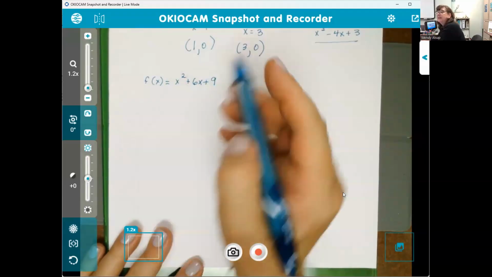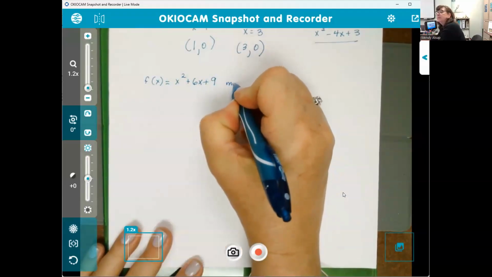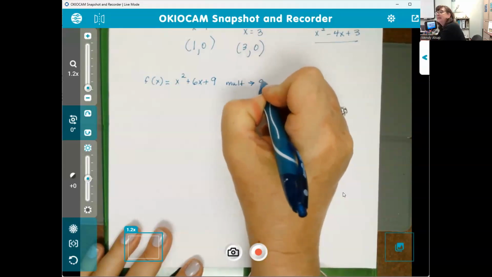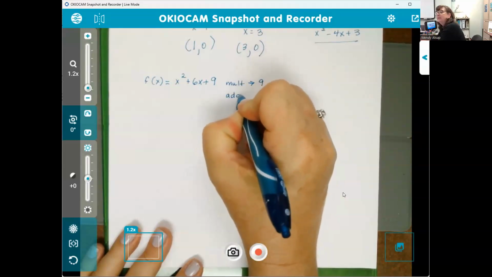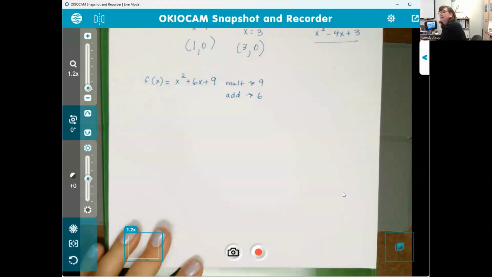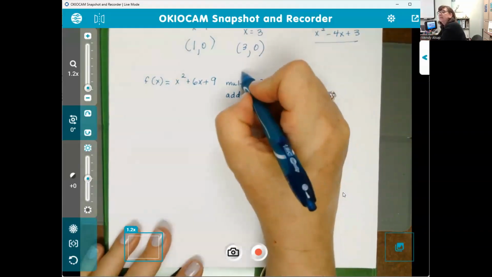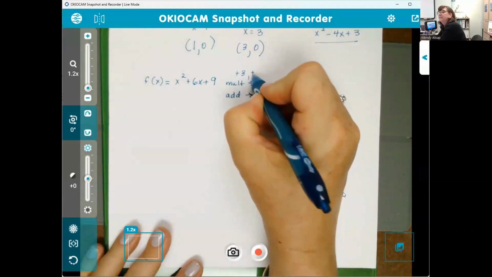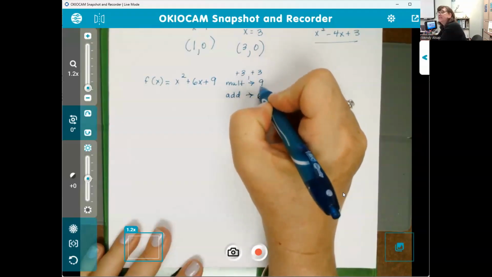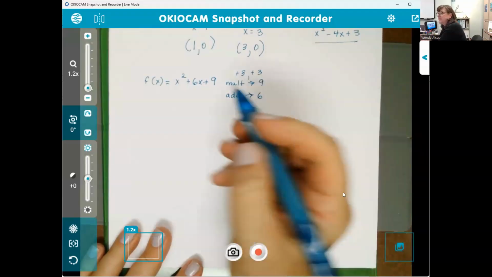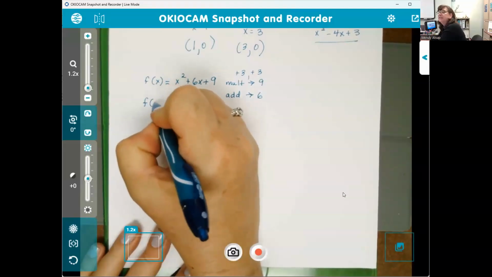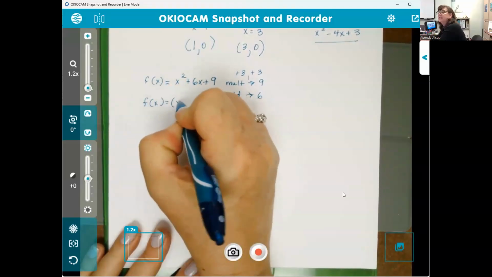So I can ask that question, what numbers multiply to be 9, but add up to be 6? How about positive 3 and positive 3? 3 times 3 is 9. 3 plus 3 is 6. That's what we want.